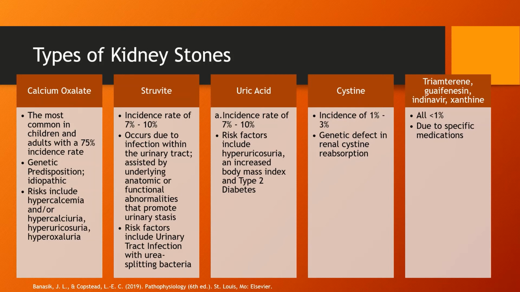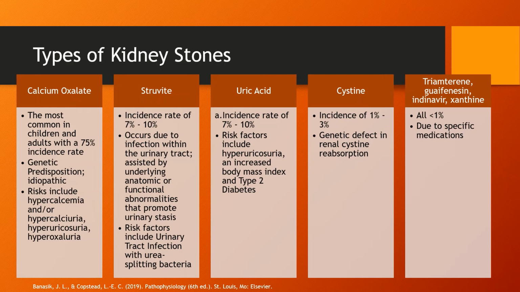For the uric acid stones, risk factors again include hyperuricosuria from gout, acute leukemia, glycogen storage disease, malignancy, excessive intake of meat, fish, and poultry, and an increased body mass index or type 2 diabetes.